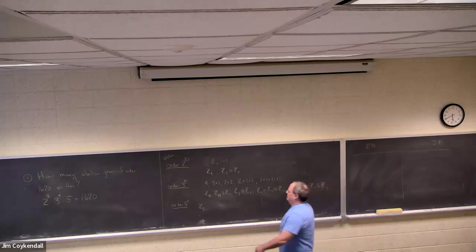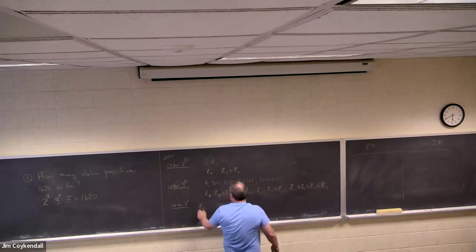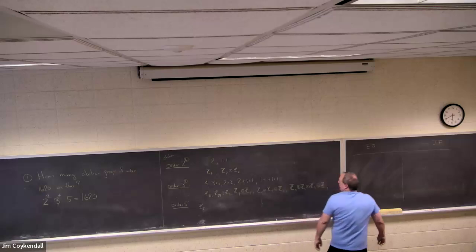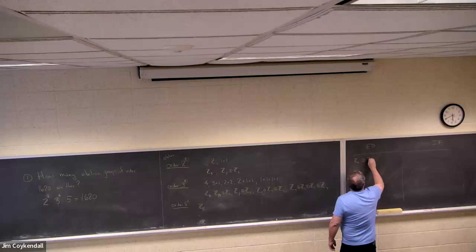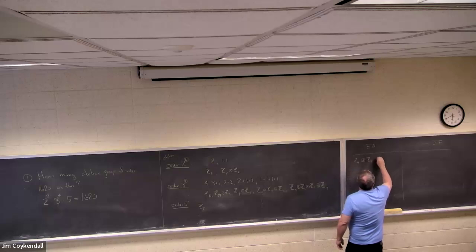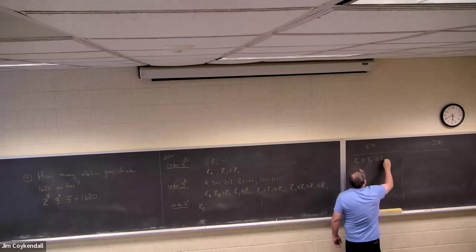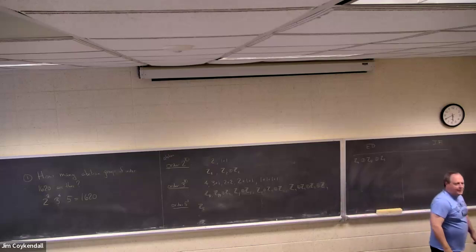Okay, I'll pick C4, C81, C5. That's the elementary divisor decomposition because I've got the prime powers together.